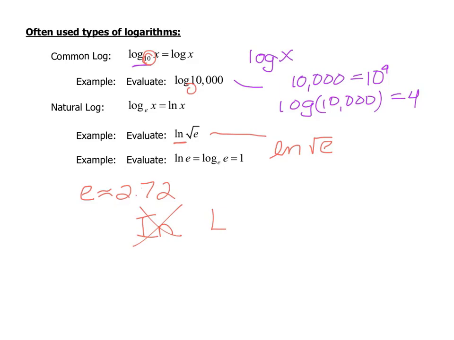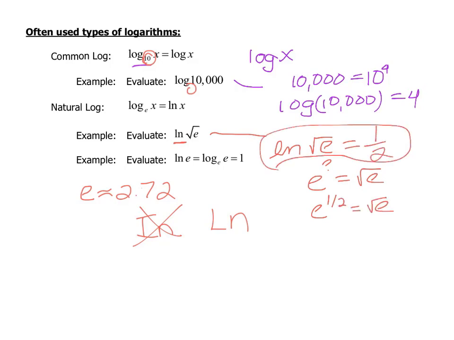It's L for log, so it's natural log. I tend to write the ln in cursive. If we're trying to evaluate natural log of square root of e, we're trying to figure out what power of e gives us square root of e, and well, e to the 1/2 gives us square root of e. This is 1/2. That's an important fact.